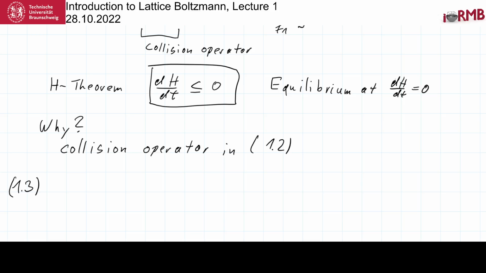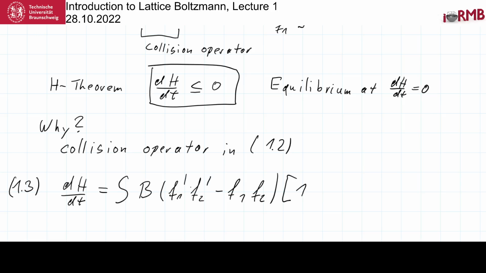1.3. dH/dt is equal to, now comes the collision operator times (f1' f2' minus f1 f2), and this goes into (1 plus log f1), and now we have to integrate over a lot of things, namely ξ1, ξ2. ξ2 comes from the collision operator, dr, and dσ, which also comes from the collision operator.